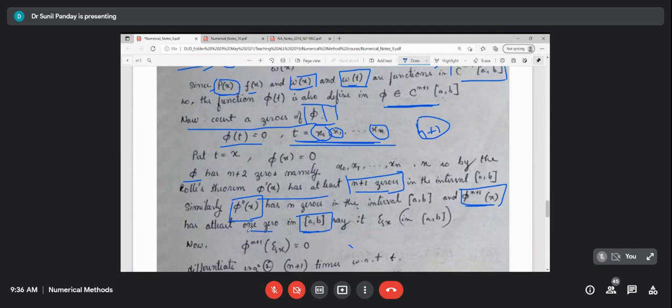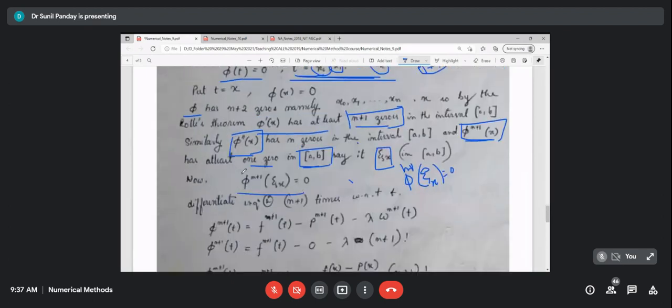Now we say that that zero is xi(x). So we assume that whatever zero of phi^(n+1) exists, we give it the name xi(x), and it lies between the interval [a,b], because there exists 1 zero and we are naming that zero xi(x).